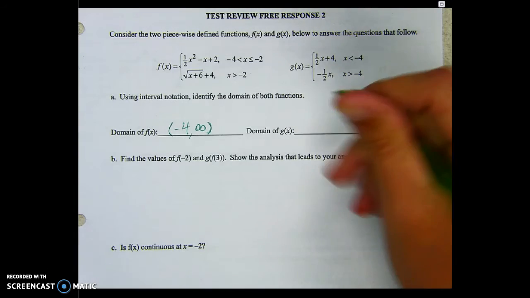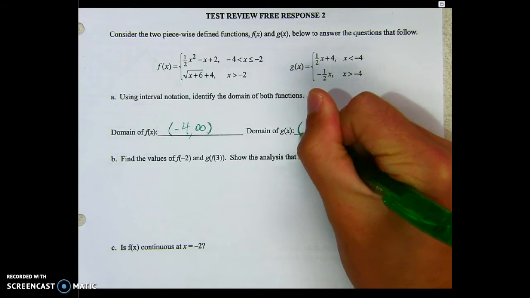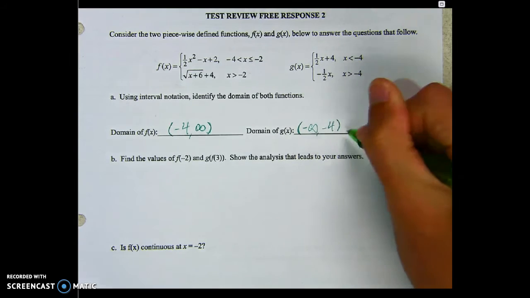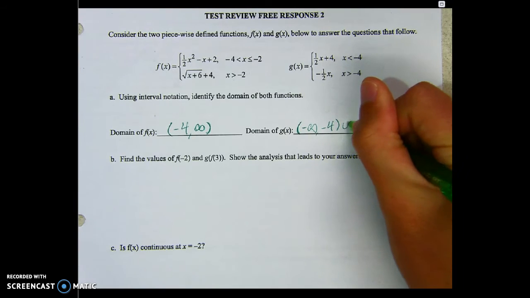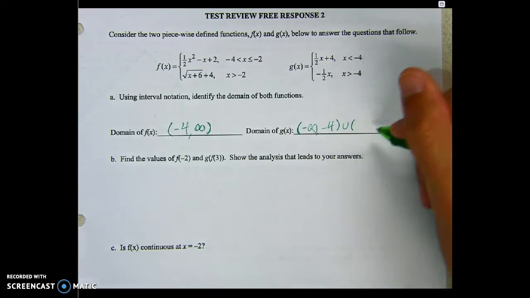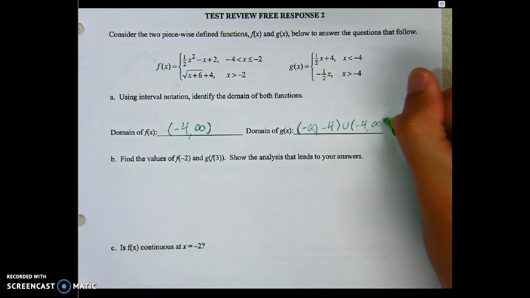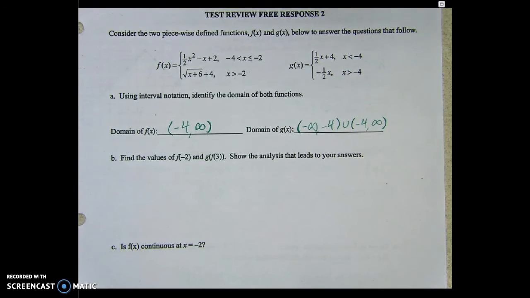So we're going to have two intervals. We're going to have one that goes from -infinity to -4, open on both ends, and union, the interval from -4 to positive infinity. So those are my domains for f and g.